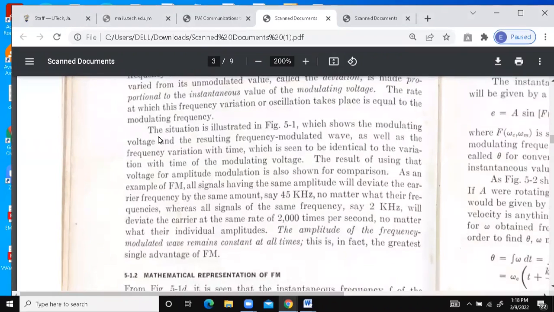You can read this on your own. Take a minute and read this. Everybody seeing it clearly? Yes, sir.